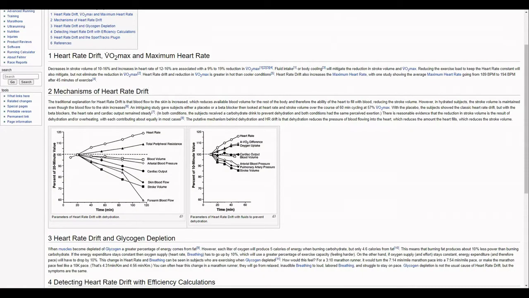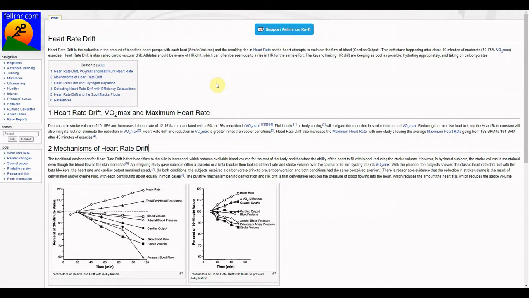So what is causing the cardiac drift? We are not sure, by we I mean scientists, but probably there are two main explanations. One is dehydration and the other is the fact that you need to cool yourself, you need to reduce the body core temperature.